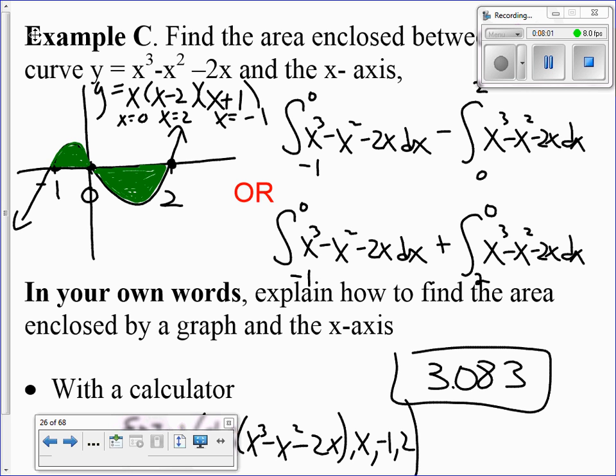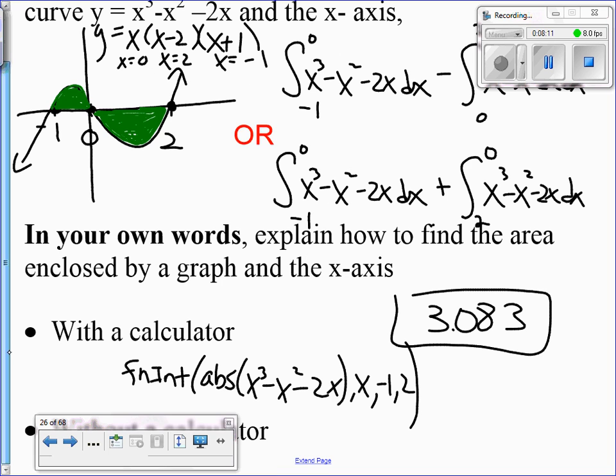Now, on the calculator, you don't have to break it up like that. If you want the total enclosed area between a graph and the x-axis, you just take the antiderivative of the absolute value of the function. If you did it with the calculator, you just integrate from -1 to 2, but you've got to take the definite integral of the absolute value.